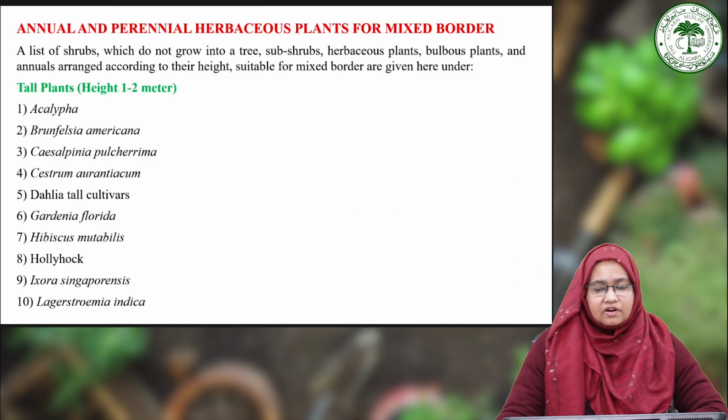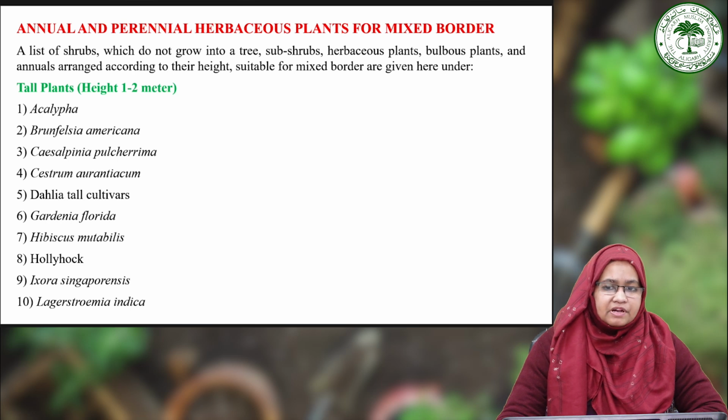For a mixed border which encompasses shrubs, subshrubs, herbaceous plants, bulbous plants and annuals, here is a list of tall plants which have a height of 1 to 2 meters, suitable for such garden arrangement.